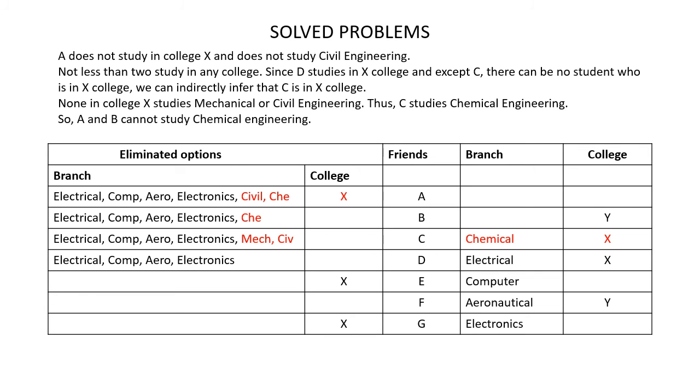So mark chemical engineering under branch for C. Now we know that C studies chemical engineering in college X. Now since C studies chemical engineering, we can eliminate chemical engineering option for A and B.